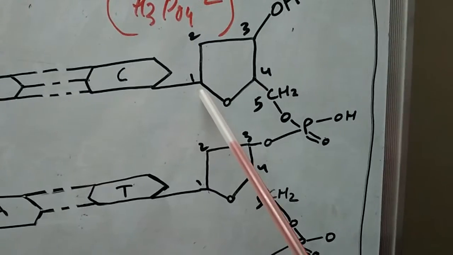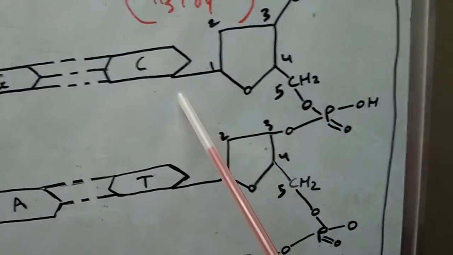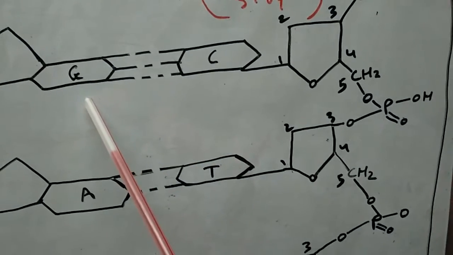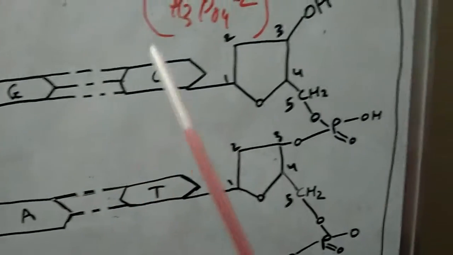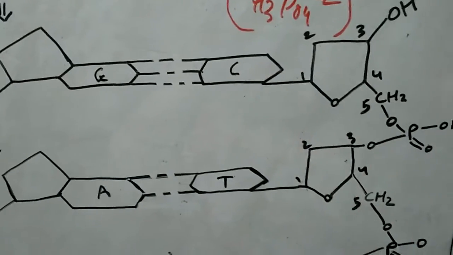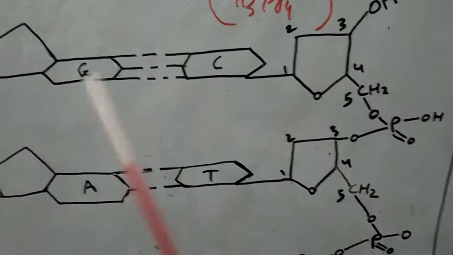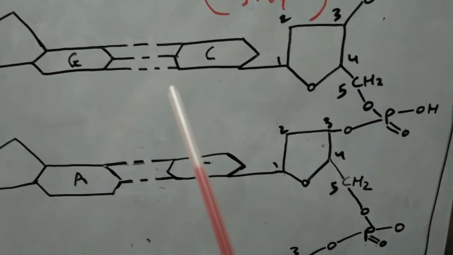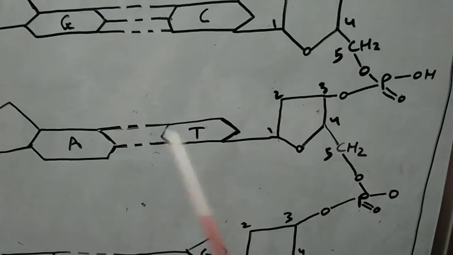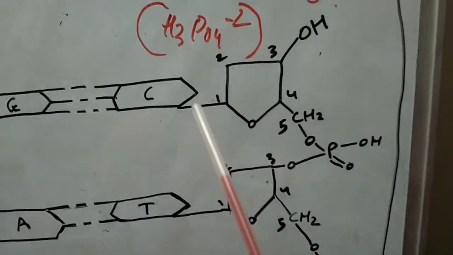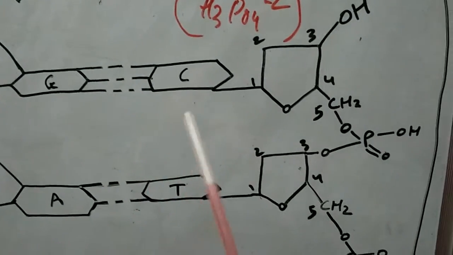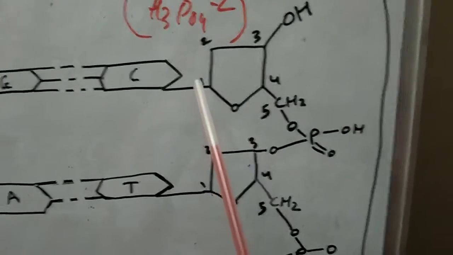On carbon number 1 we have attached cytosine, which is complementary to guanine, that I will discuss in Chargaff's rule later on. But I think you know that guanine will bind with cytosine having 3 hydrogen bonds. Adenine will bind with thymine having 2 hydrogen bonds. So cytosine is bonded with guanine with 3 hydrogen bonds, which is attached to carbon number 1.